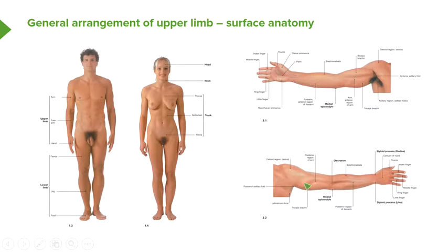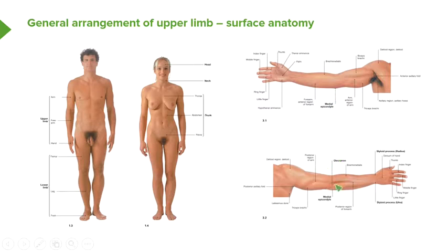If we look at the posterior aspect, again we can see this muscular region caused by the mass of deltoid muscle. And then we can see the posterior region. We can see some impressions for the various heads of triceps muscle. Again, we can see the medial epicondyle, this time from the posterior view, just as we saw it on the anterior view.